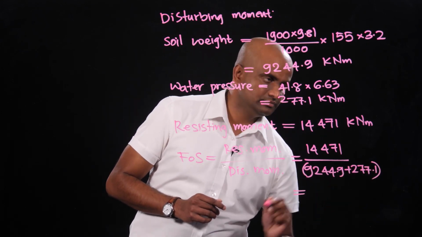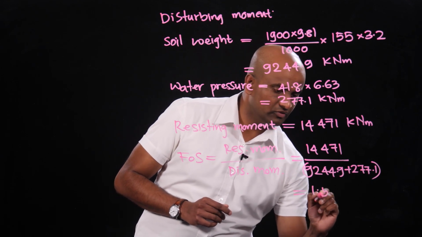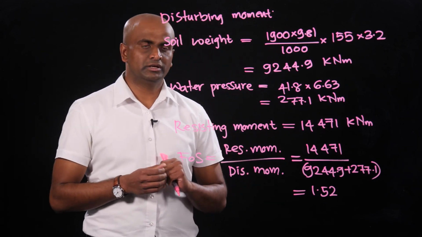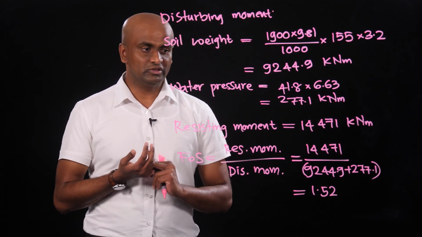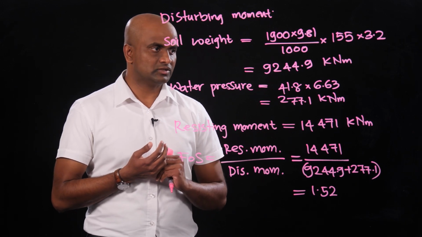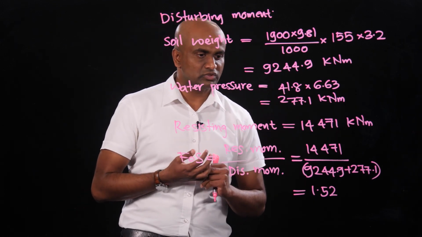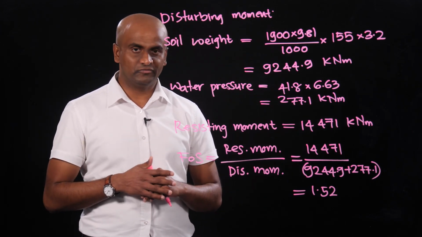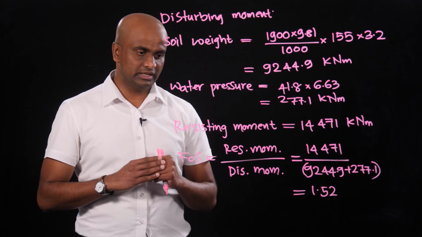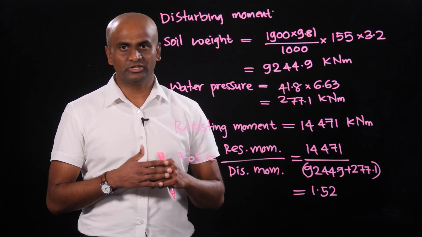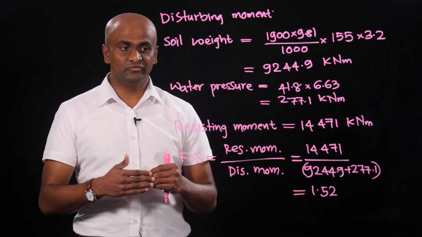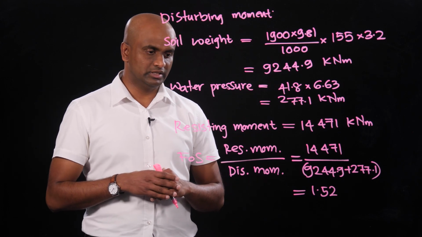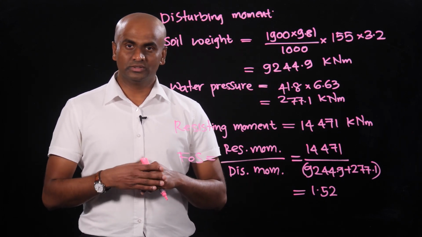So that will be 1.52. Now if you compare the two situations, when the channel is fully filled with water, the factor of safety was more than 3. Now it has gone down to 1.52, from 3.3 to 1.52. Therefore the most critical condition is not when the channel is fully filled, but when it is emptied. So those two values give an indication about the stability of the slope.